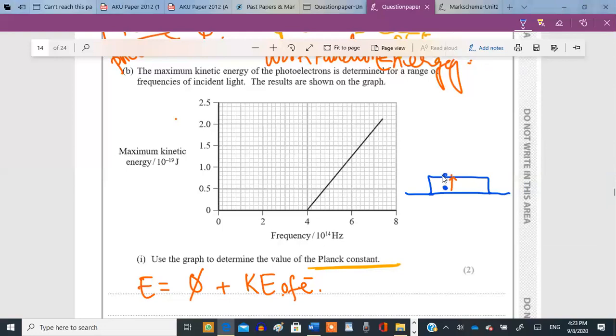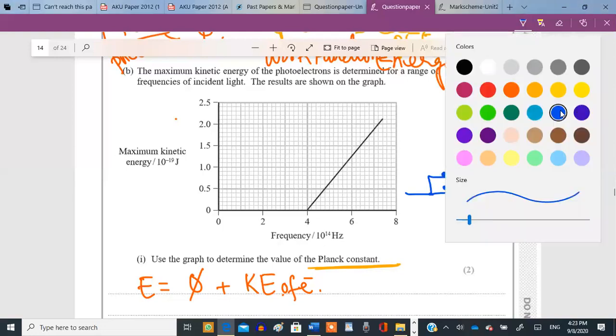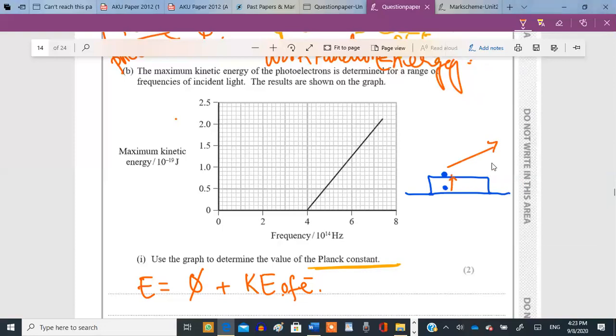Some energy will be needed to move them to the metal surface, and after they reach the metal surface, they'll be emitted out. This emission is the photoelectric effect, and the energy which is needed for the electrons to move up is your work function energy.